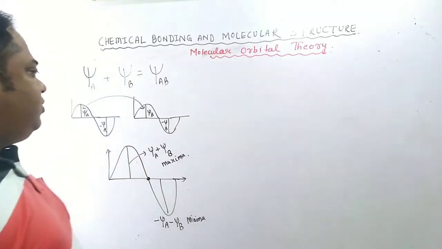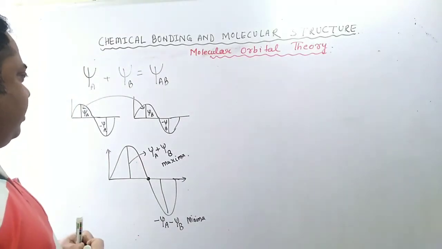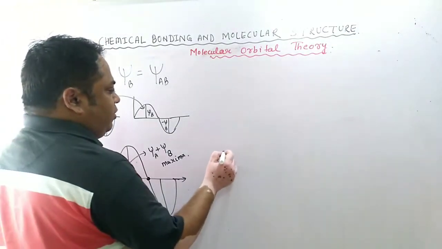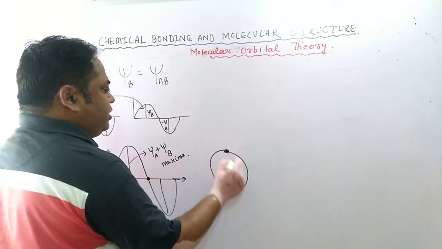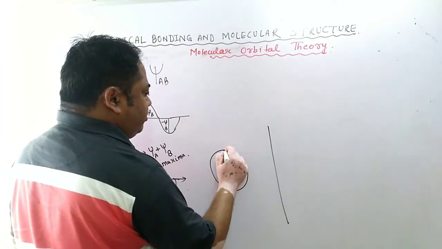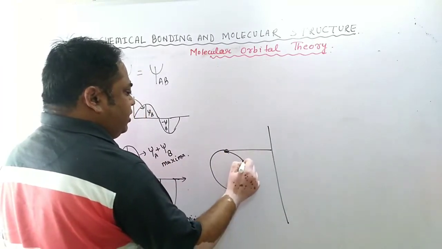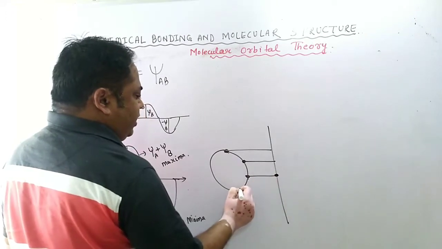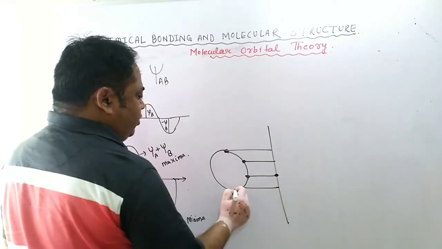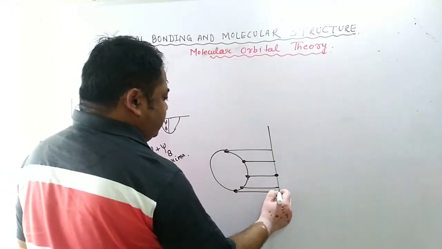So the wave nature of the electron can be proved. How? Say an electron moves in a circular path. When the electron is here, its projection will be here. When the electron is here, its projection is here.